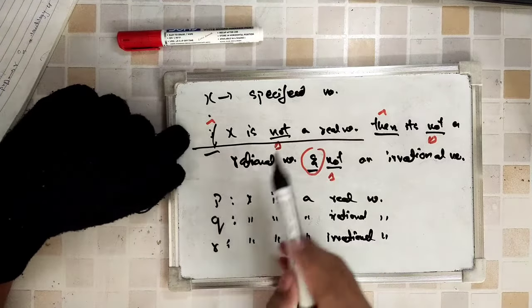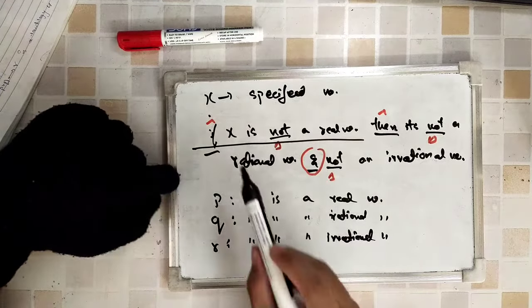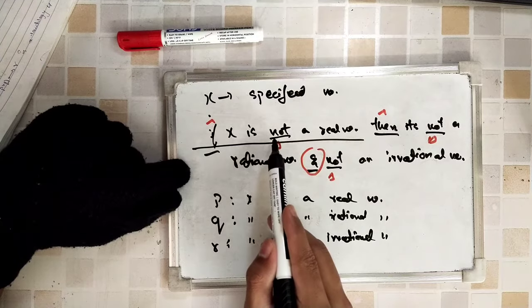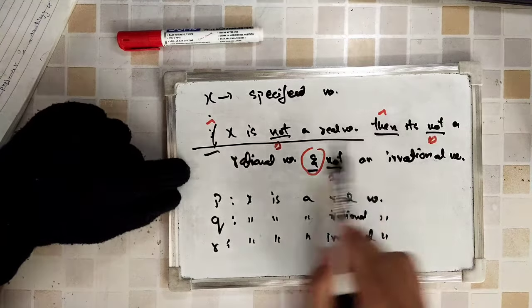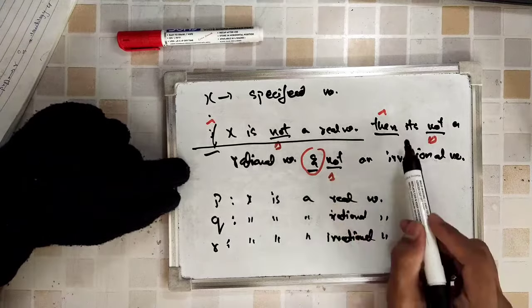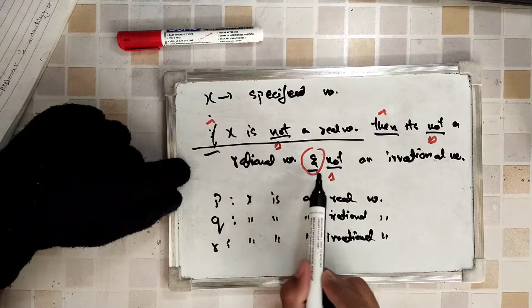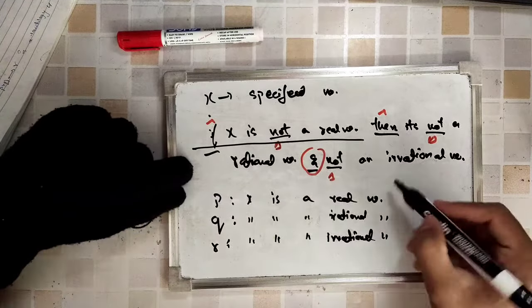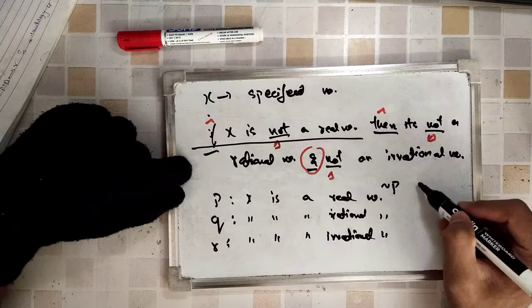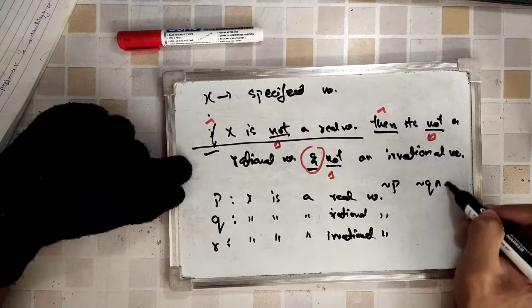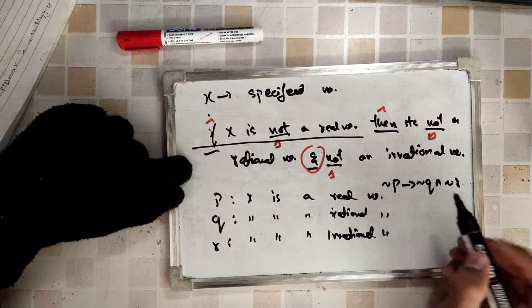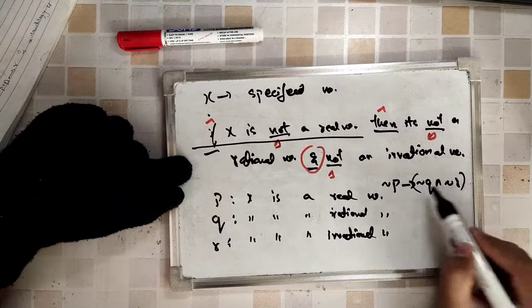Now how is it formed? It is in the form: if P, then Q, so negation P implies Q. Then with Q we have and negation R. So we have negation P, negation Q and negation R, and P implies this. This can come in a bracket since it is and.